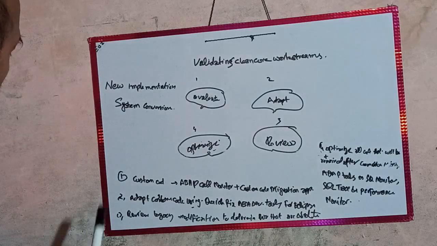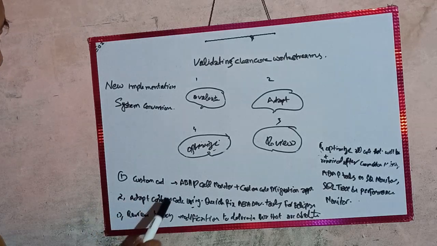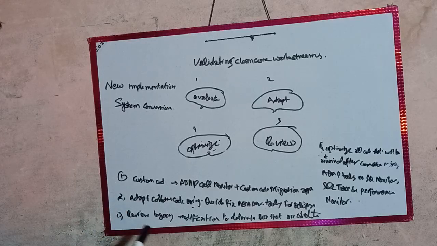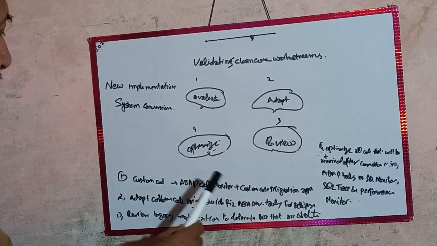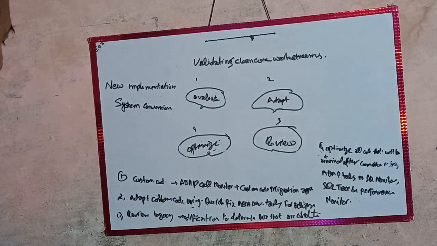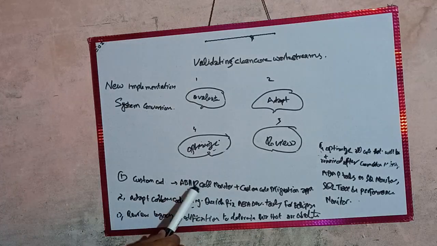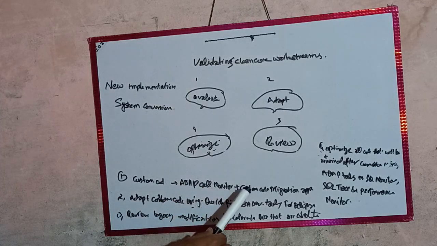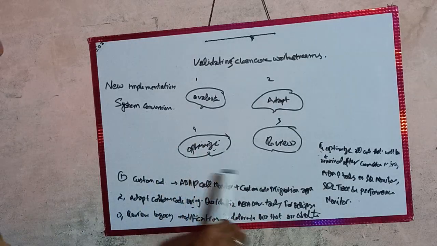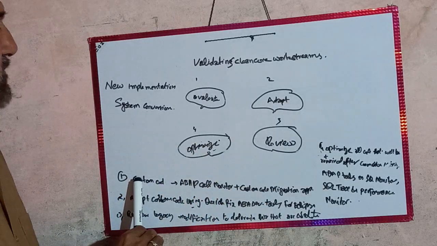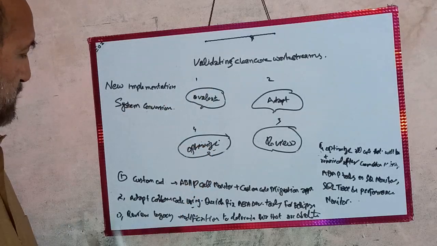Second one, adopt custom code using quick fix in ABAP Development Tools for Eclipse. In the first workstream, we are using the ABAP Call Analyzer and custom code migration app, which are 2 tools for custom code evaluation.